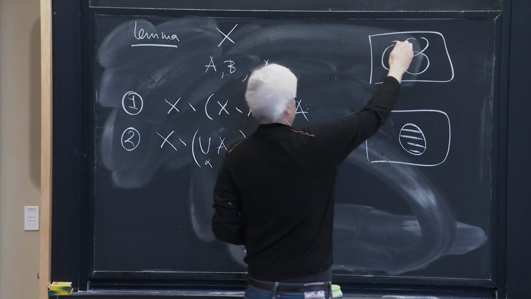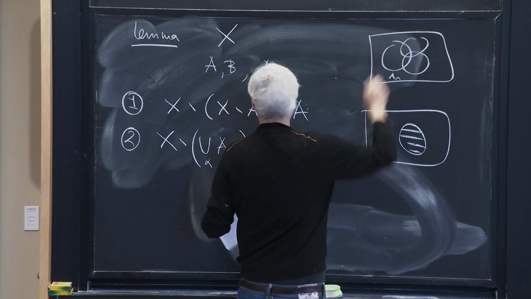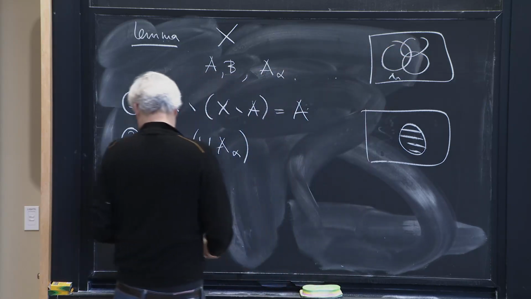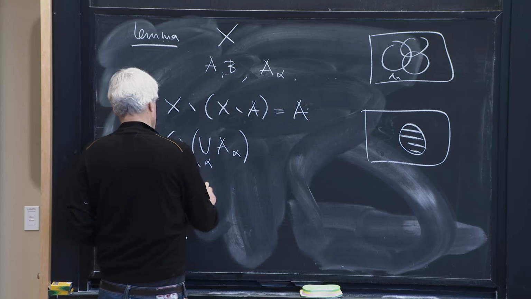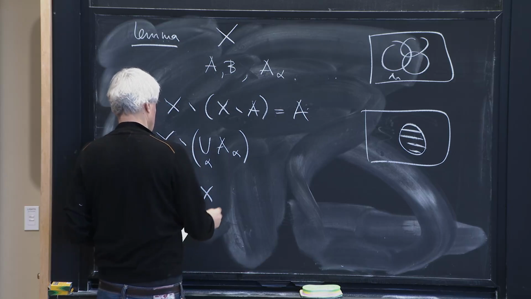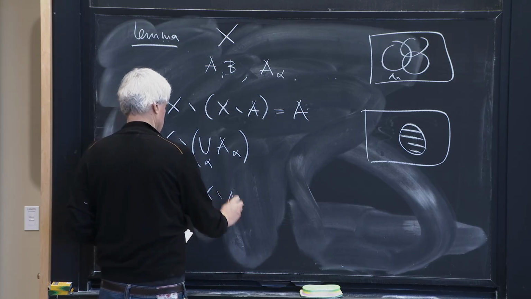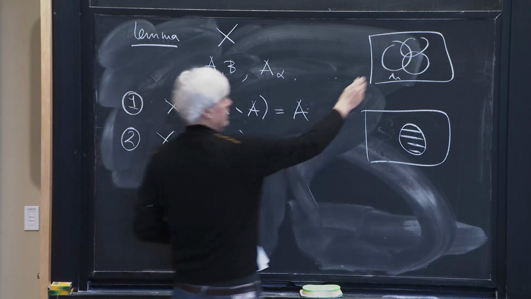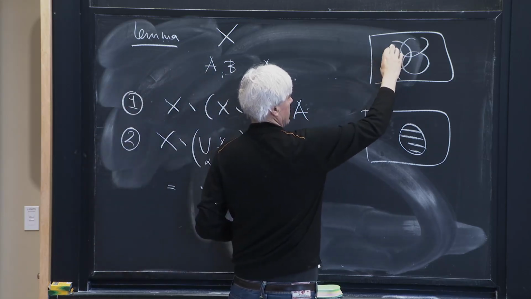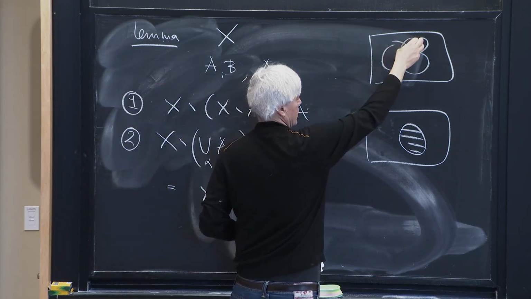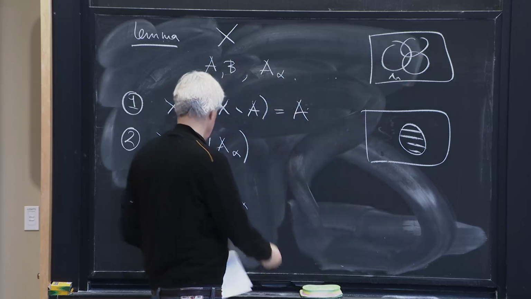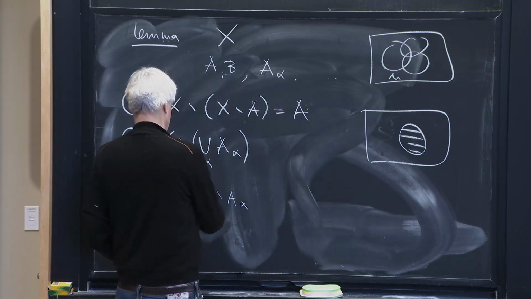And if it's not in any of these, then the claim is that it's in the intersection of the complements: it's not in this one, it's not in this one, it's not in this one, and it's not in that one. Right, so that's also clear enough, right?